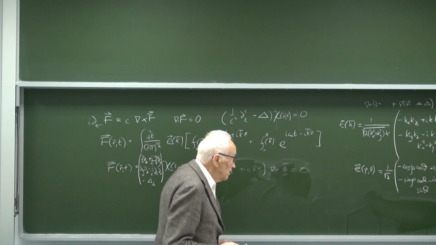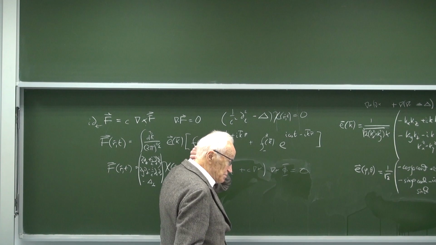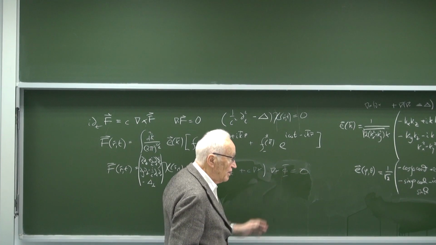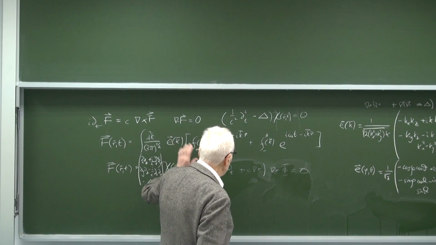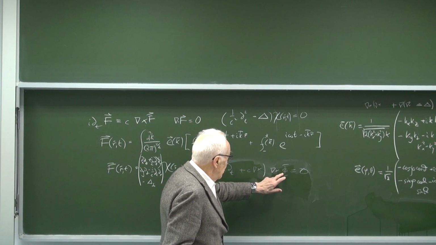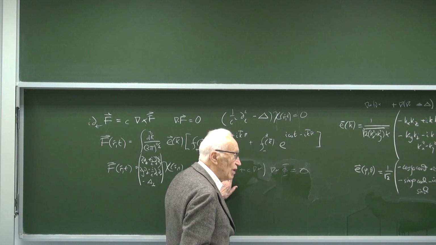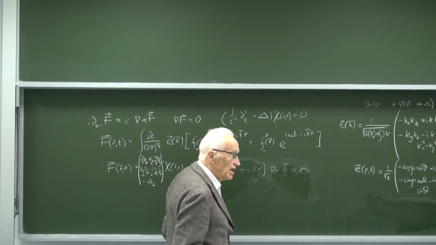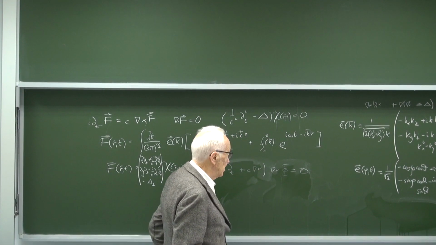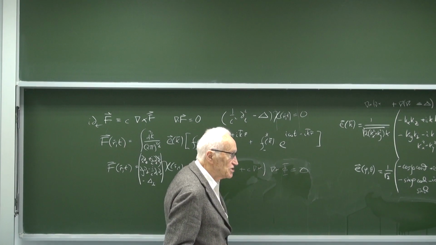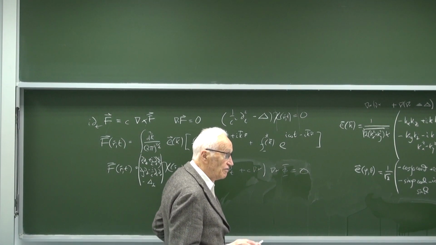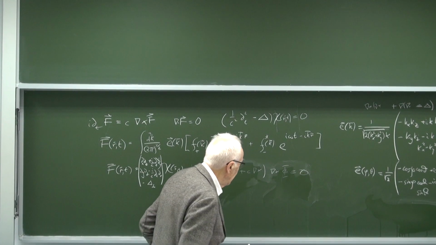If you ever encounter Hertz potentials, this is the way of looking at them from this point of view. This is the Hertz potential. You have to differentiate twice to obtain the solution of Maxwell equations. And the Hertz potential, of course, is a solution of the wave equation.